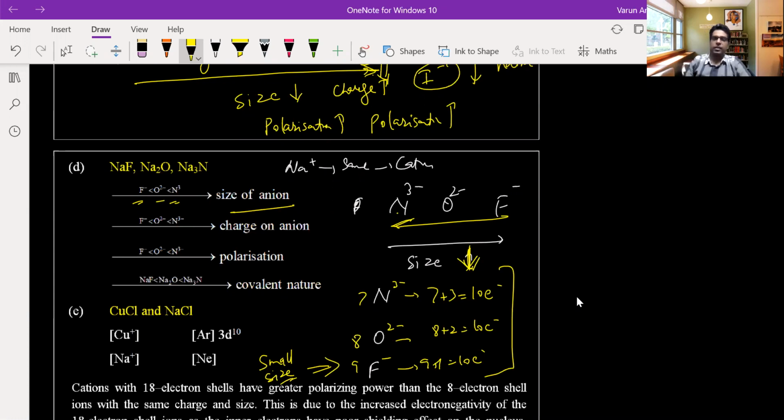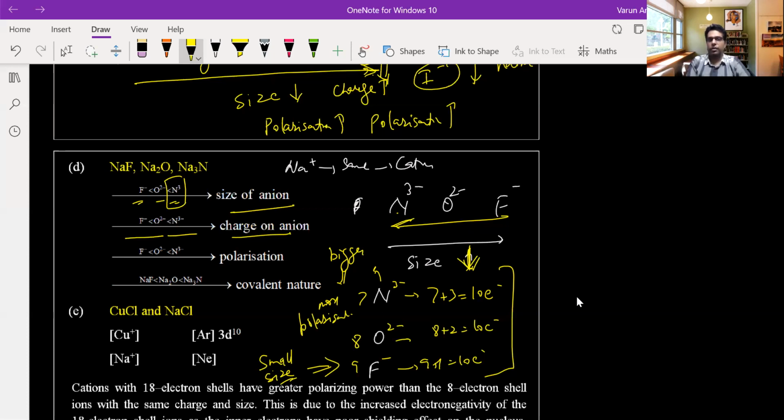Now, bigger size anions have more polarization. So fluorine to nitrogen, charge of the anion is also increasing and the size is also increasing.